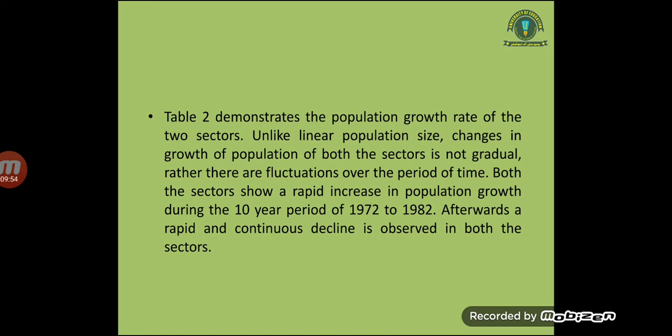Changes in growth of population of both the rural and urban sectors is not gradual. Rather, there are fluctuations over the period of time. Both the sectors, rural and urban, show a rapid increase in population growth during the 10-year period, which started from 1972 and ended in 1982.